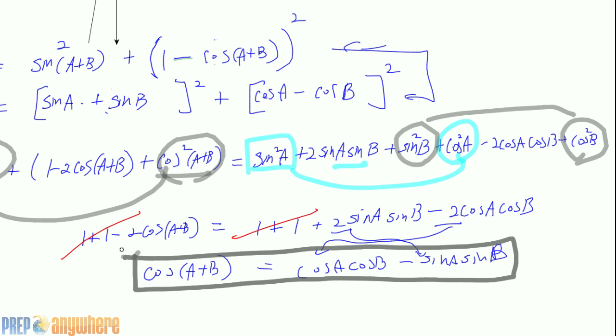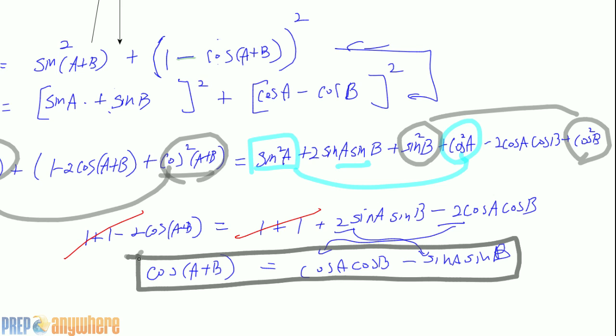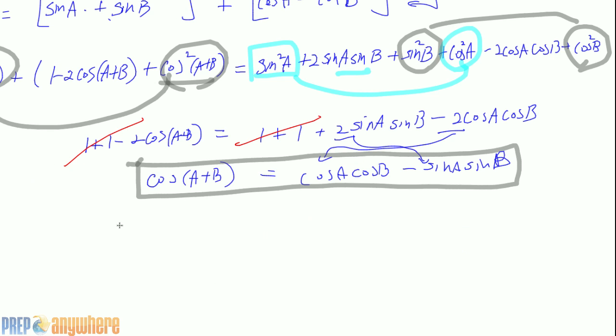Okay, so I would like a subtraction formula too. We can easily get a formula for A minus B. Here's how you get A minus B. You can plug into this formula cosine of A plus minus B. So basically you replace the B with minus B, and what happens? That won't change at all, right?